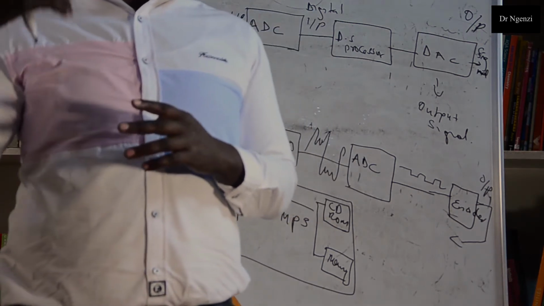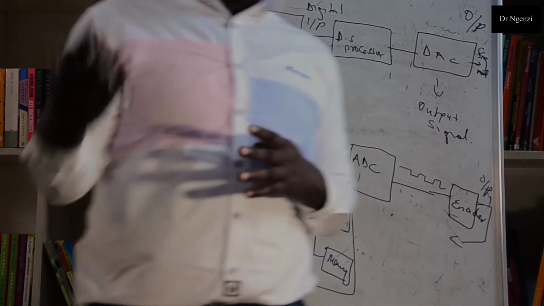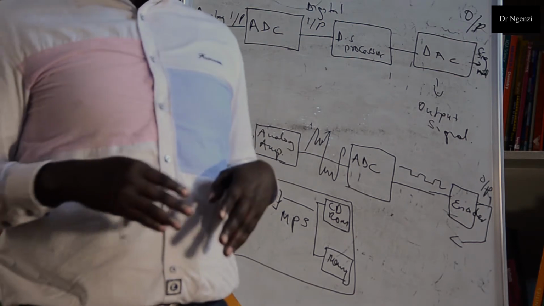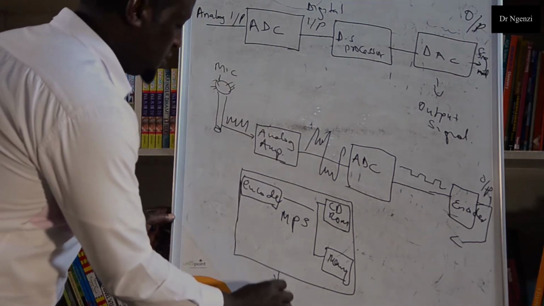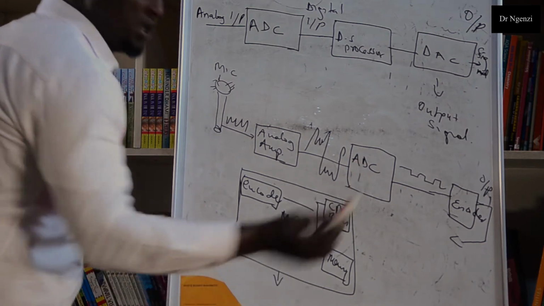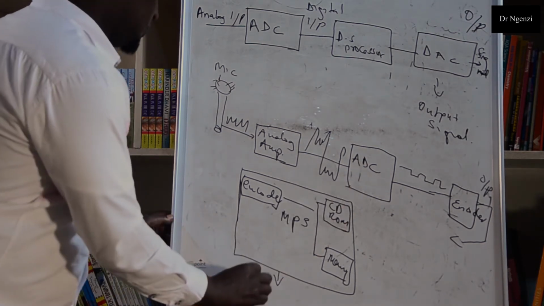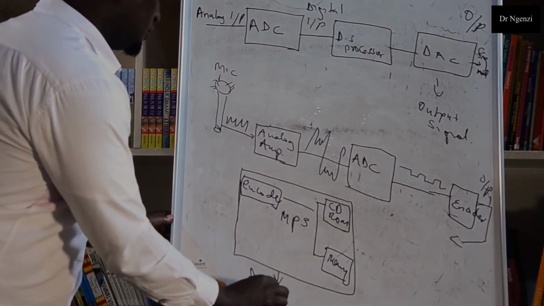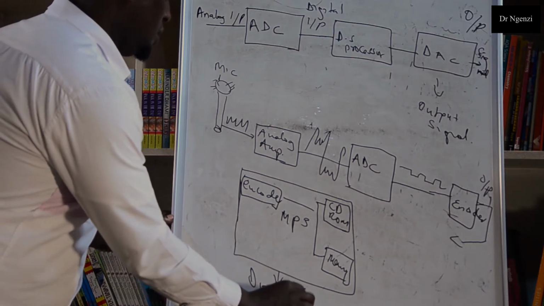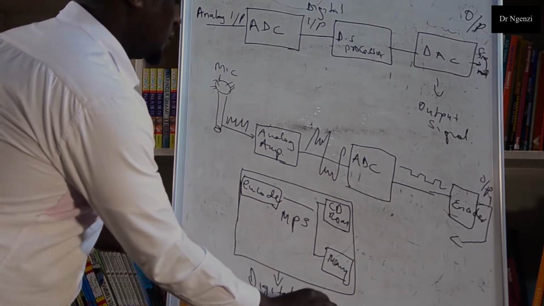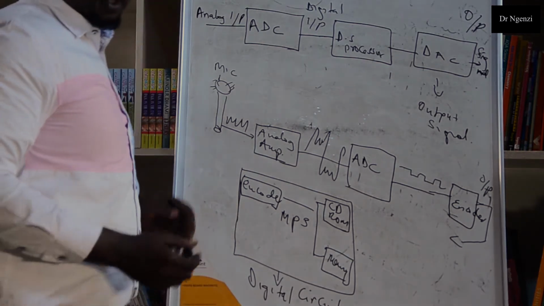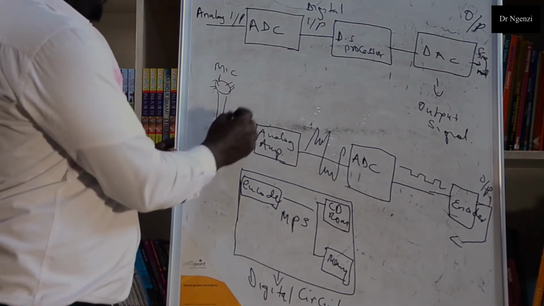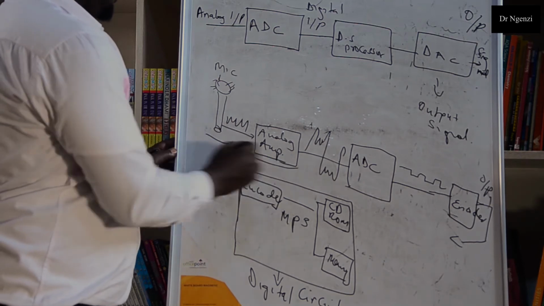For example, now this whole box is called the digital circuit. Digital circuit. And the other one, the former, this one, is the analog circuit. Analog circuit.